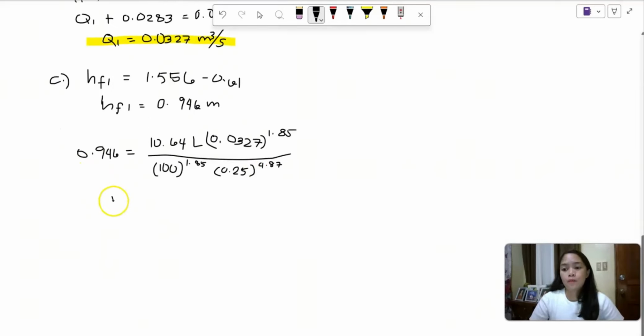So shift solve, input in the calculator, we can get 291.75 meters. So that's all. These are the answers.